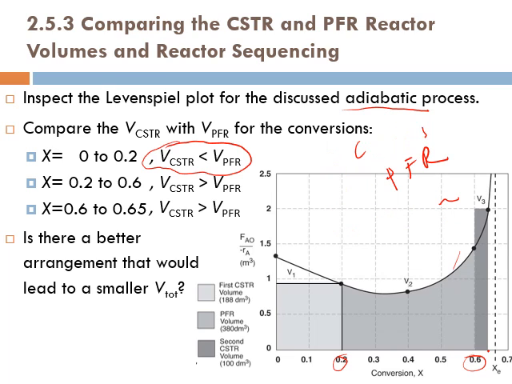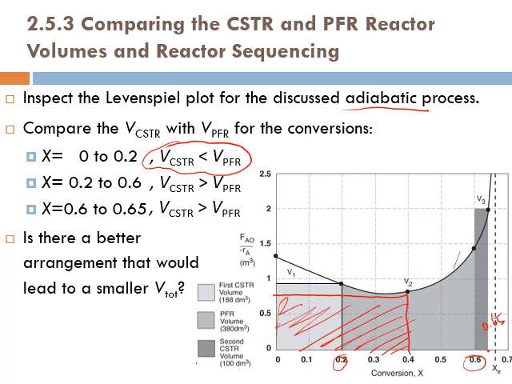Well, looking at the Liquid-Phase plot, if you want to achieve a conversion of 0.65, then there's a better arrangement. What if we use a CSTR, which takes you to a conversion of 0.4, and then use a plug flow reactor which takes you to a conversion of 0.65?